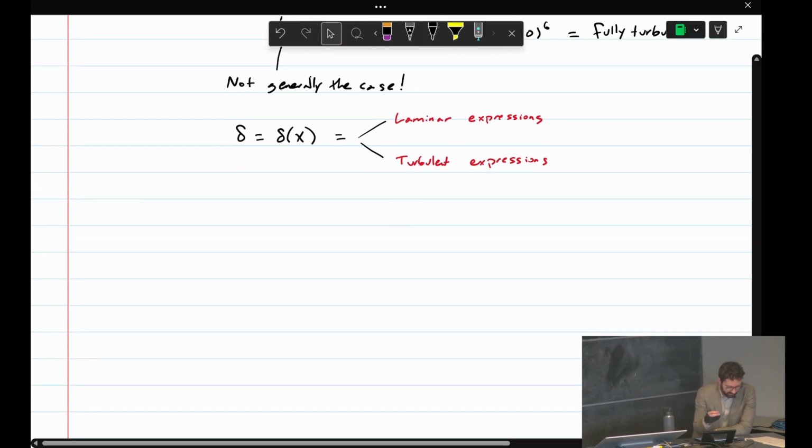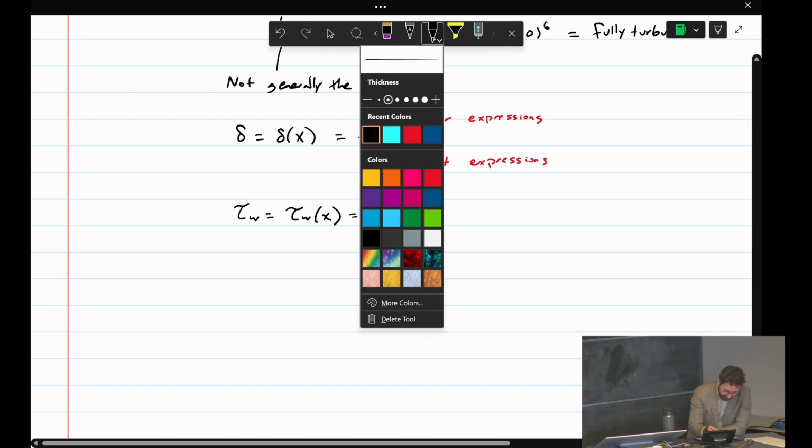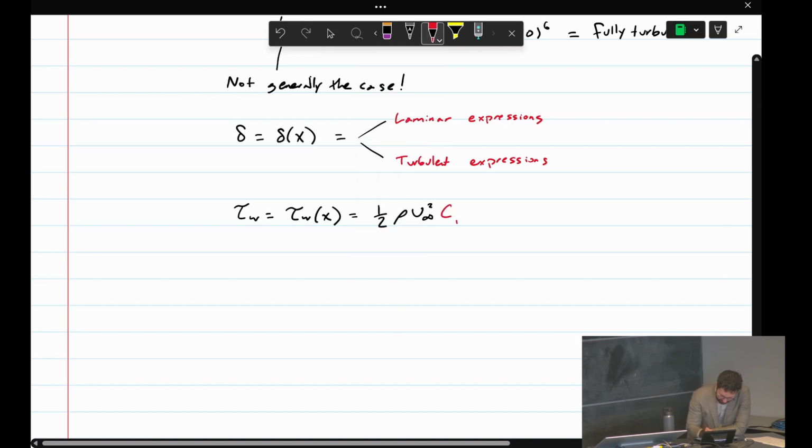And how do we calculate the local wall shear stress? Let's say tau wall is tau wall of x, so it's a function of x. That's 1/2 rho u infinity squared times the skin friction coefficient, C_f, which is a function of x.